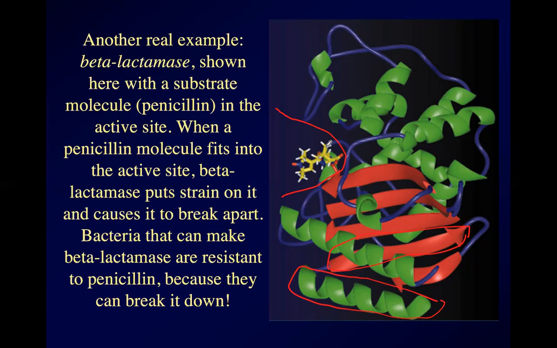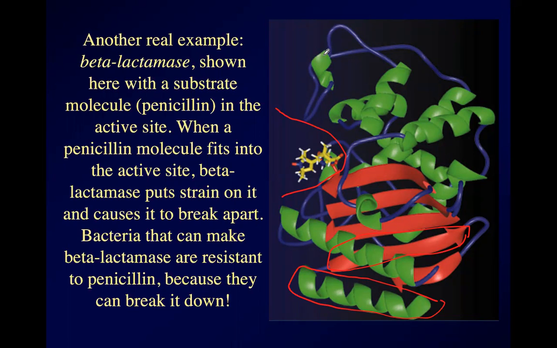Penicillin-resistant bacteria are resistant because they're able to make beta lactamase. Bacteria that can make this enzyme can neutralize penicillin. They can break it down. Some of them can even use it for food. So this is why some people might get a bacterial infection, take penicillin, but not get better. This is something we've been seeing in increasing numbers.